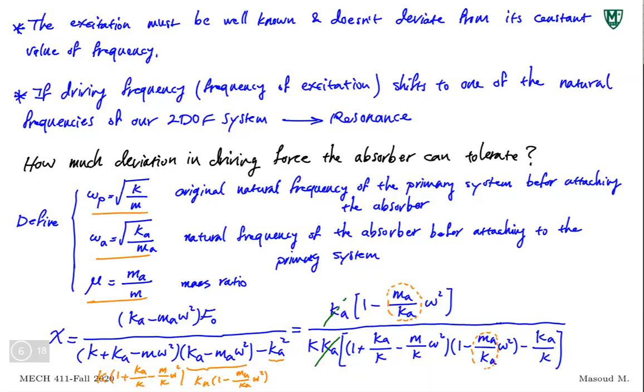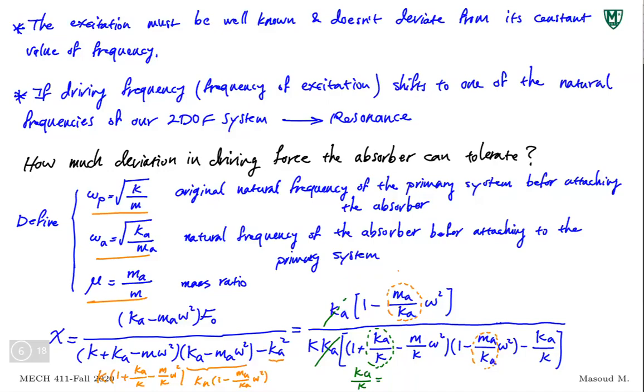I'm going to write it here. Ka over ma. Let me start with actually a different term. Let me start with Ka over K.